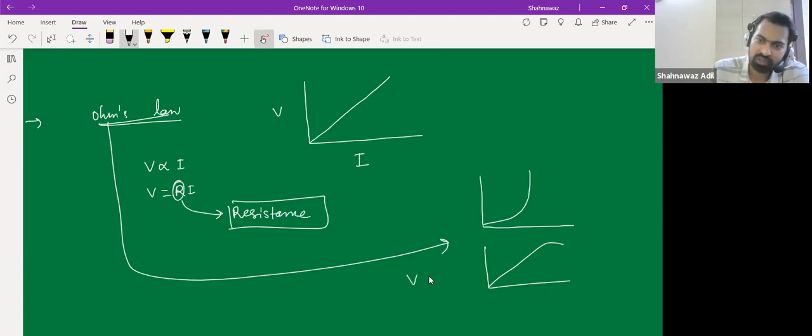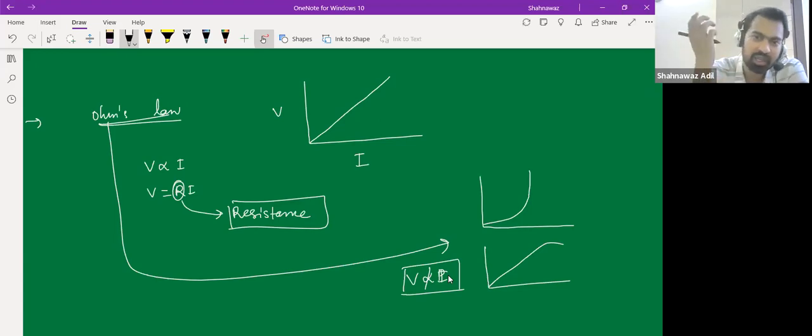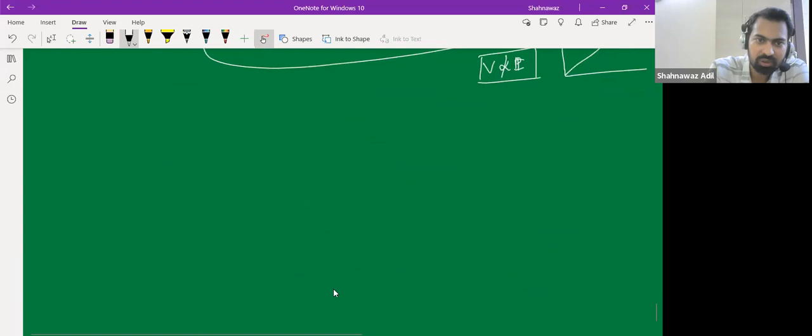So V is not directly proportional to I for a non-ohmic material. Examples of non-ohmic materials are semiconductors and other devices. This we also learned.